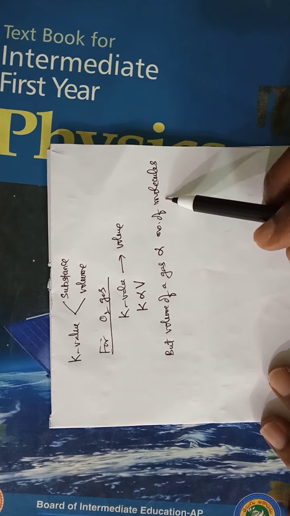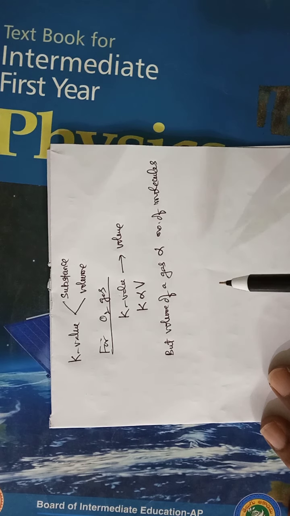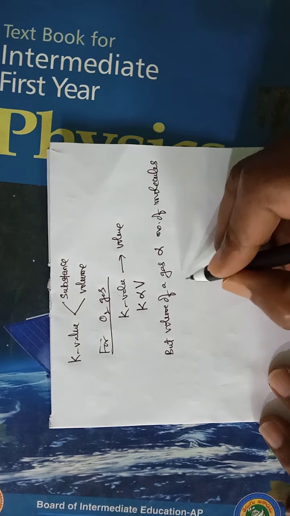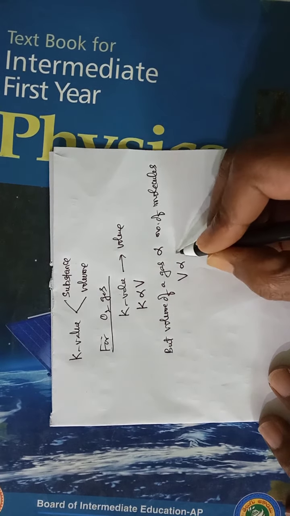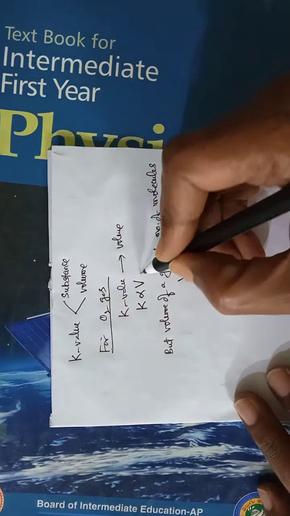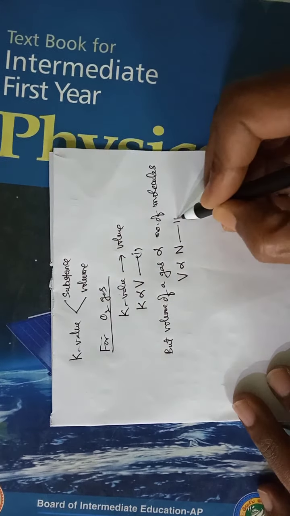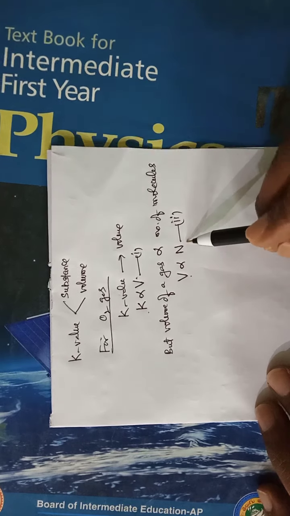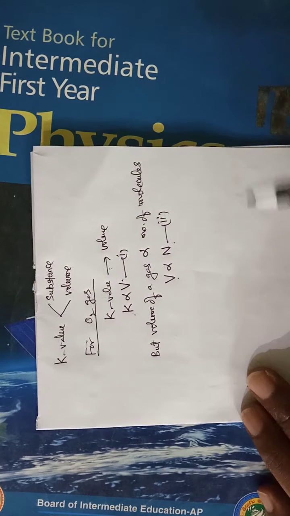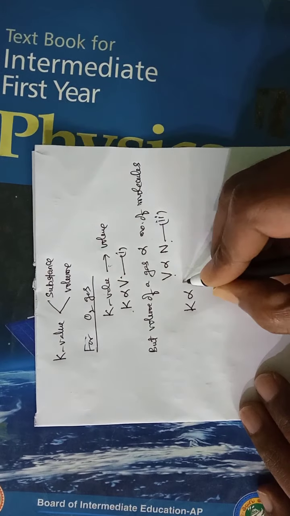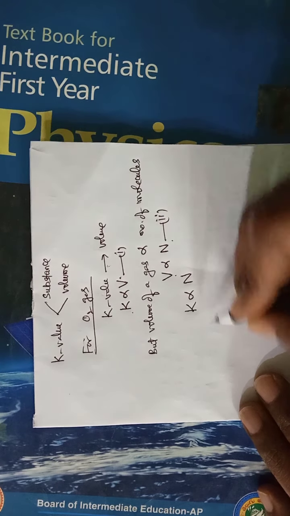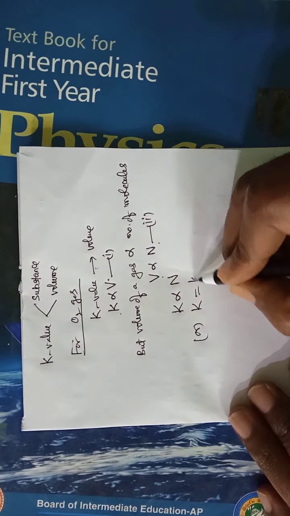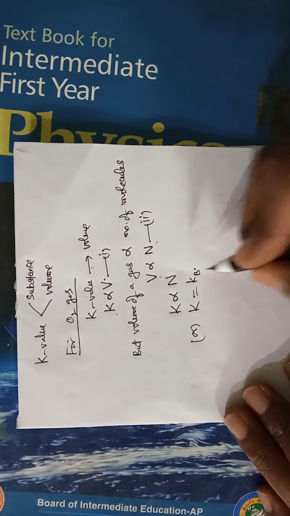Suppose 1000 molecules occupy 1 liter volume, 2000 molecules occupy 2 liters of volume. So volume will be directly proportional to number of molecules. So K is directly proportional to V and V is directly proportional to N. From these two we infer that K will be directly proportional to N, or K = Kb N, where Kb is the constant of proportionality.